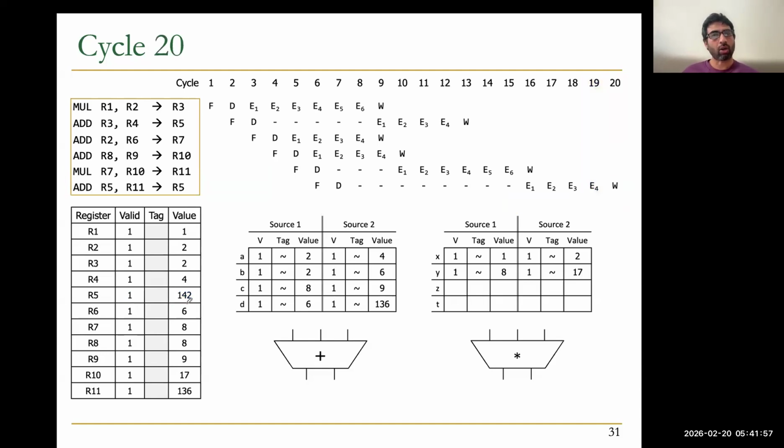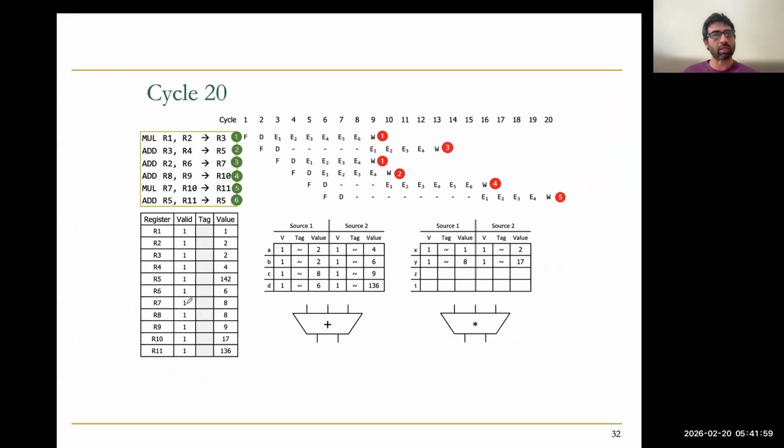Now, here is the interesting thing. All our instructions are fetched and decoded according to the program order. Here you can see the green circles. The program order is 1 2 3 4 5 6. So here you can see first is fetched, second is fetched, third is fetched, fourth, fifth, sixth is fetched.